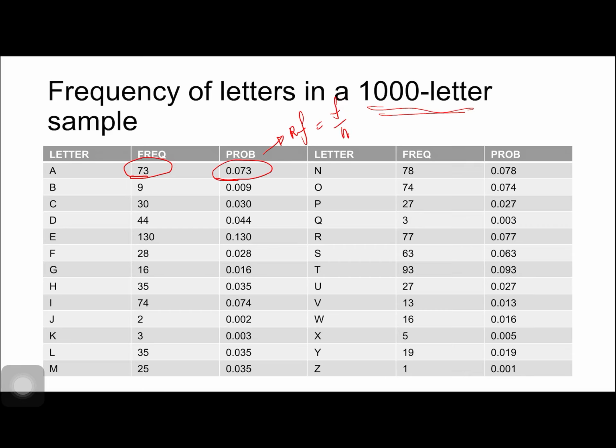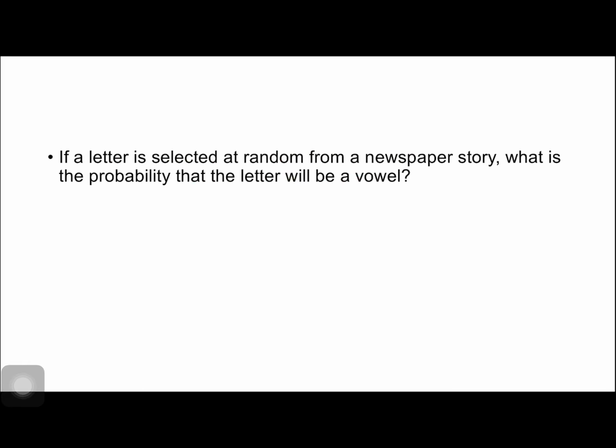For let us say B, we have there frequency of 9 divided by 1,000, it gives us 0.009. Okay. So the question is, if a letter is selected at random from a newspaper story, what is the probability that the letter will be a vowel?